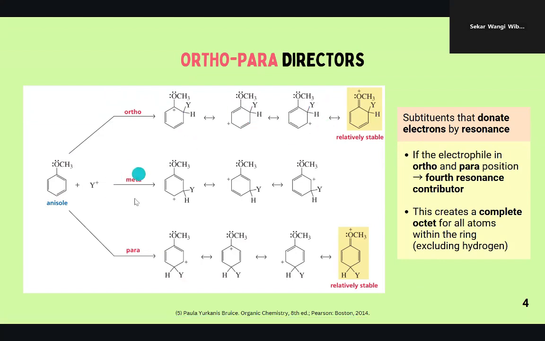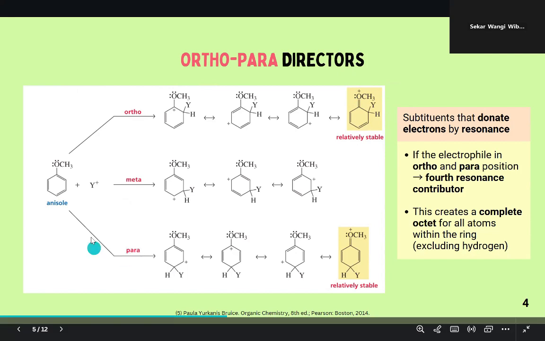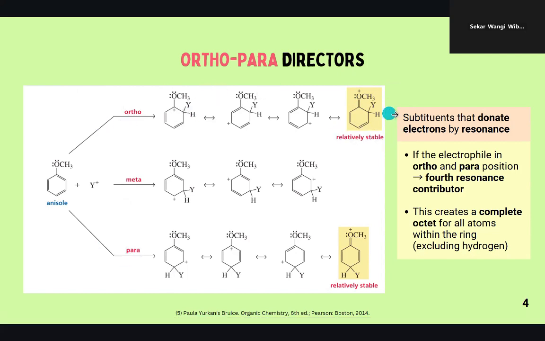But compared to the meta position, ortho and para will have a fourth resonance contributor in which the positive charge is outside of the benzene ring, on the oxygen atom, for example. This makes the ortho and para positions more favorable compared to the meta position due to this stable resonance contributor.